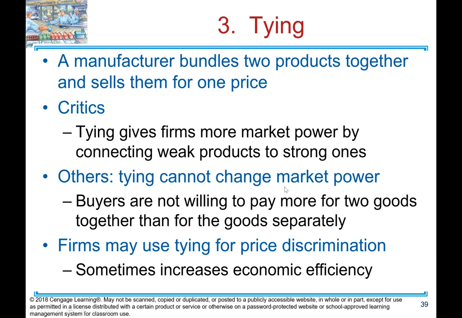Others say tying cannot change market power, because buyers are not willing to pay more for two goods together than for the goods separately. Firms may use tying for price discrimination, which sometimes increases economic efficiency.